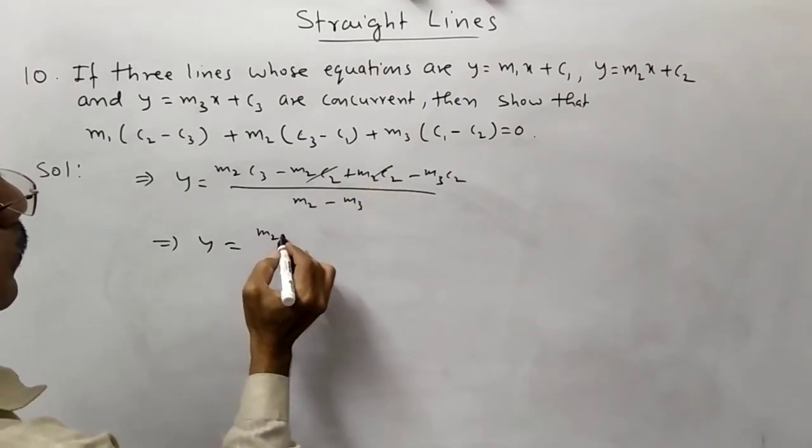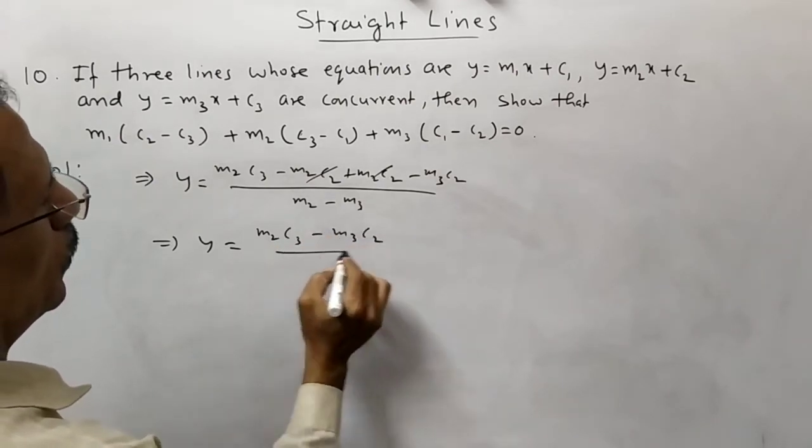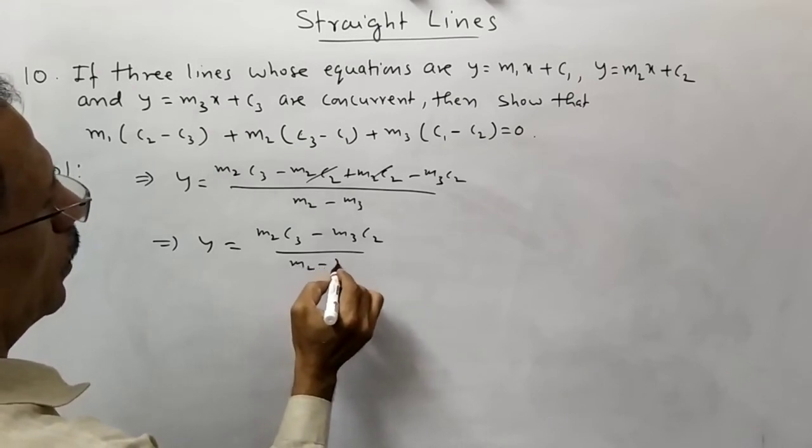Therefore, m2 into c3 minus m3 into c2 divided by m2 minus m3.